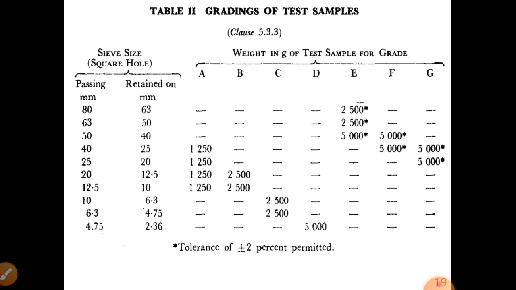Aggregates passing through 12.5 mm size sieve and retained on 10 mm size sieve, 1250 grams. In this manner, for different grading we have to use different size aggregates, but the total weight is around 5 kilogram.